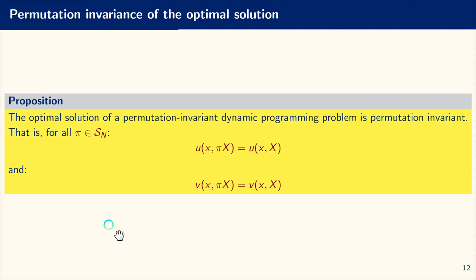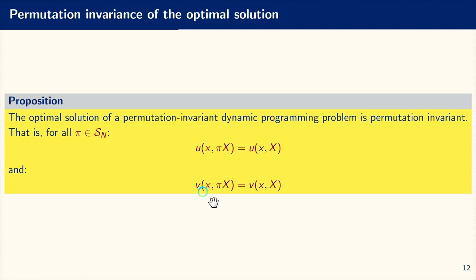If the dynamic programming problem is permutation invariant, then it's also the case that the control, that is the policy function, and the value function are permutation invariant functions, where I can take x, do any permutation, and I will still have the same control, and I'll take x, do any permutation, I will have the same value function.